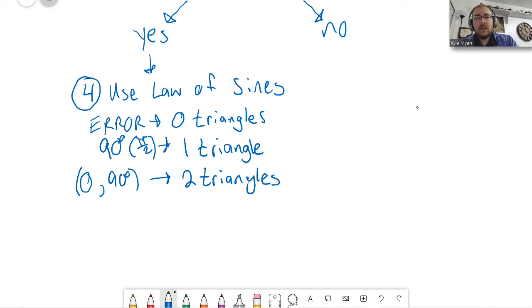Okay. So if we do have 2 triangles, then we get to this step, step 5 here.